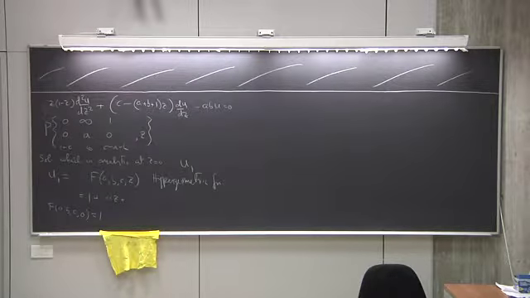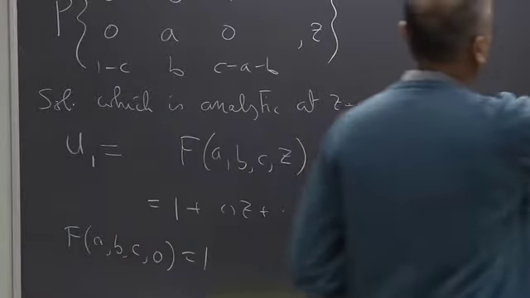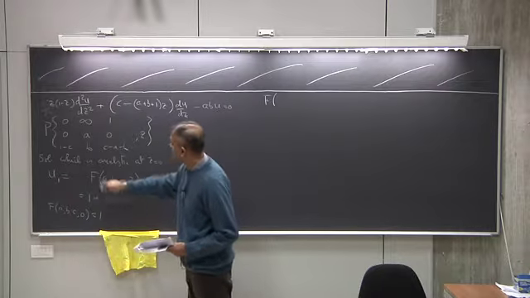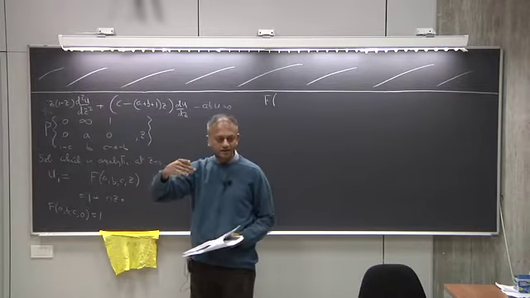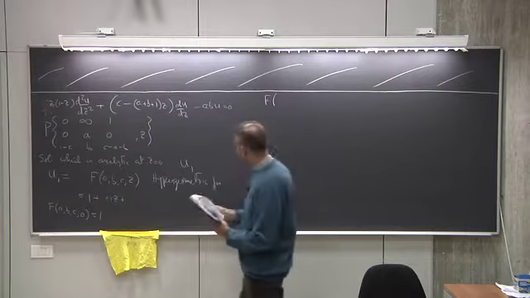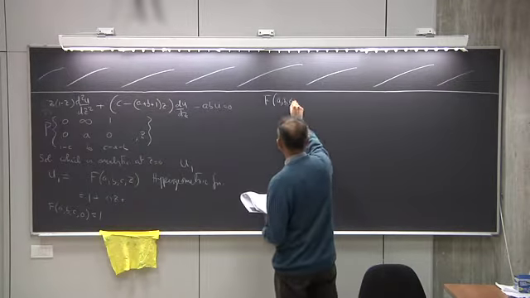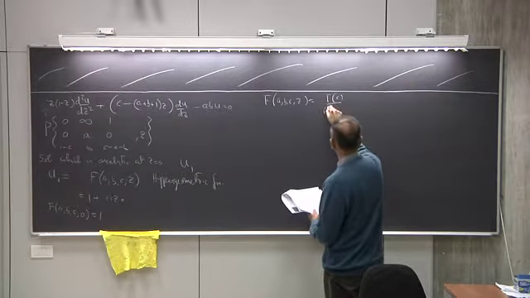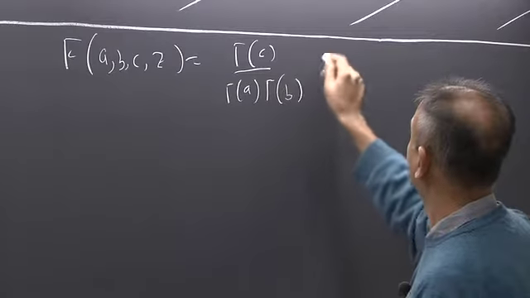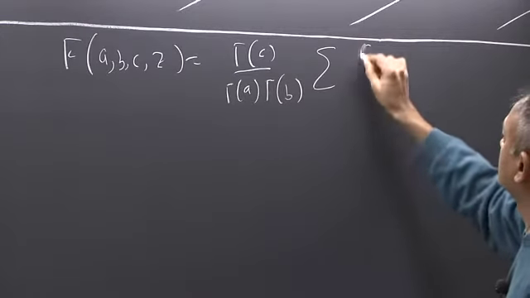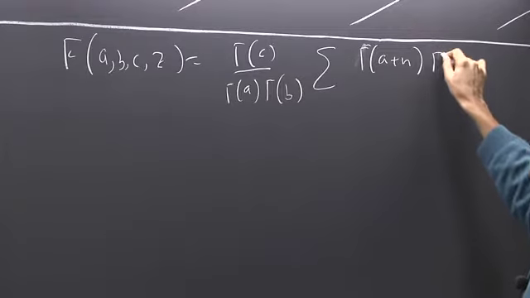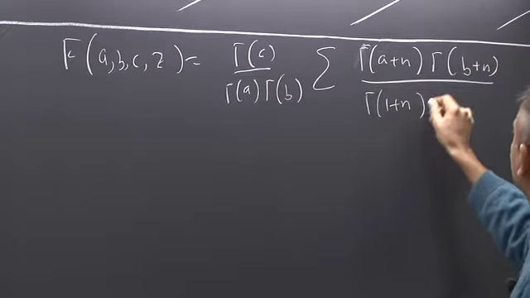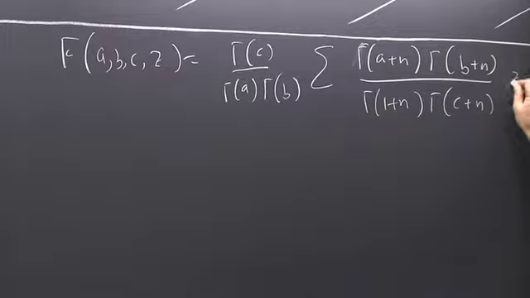That's the normalization. Then we made the series expansion, plugged it in, and obtained a recursion relation for the coefficient Cn. From that, we deduced that the expansion was this one, with gamma c, gamma a plus n, gamma b plus n divided by gamma 1 plus n, times z to the n.